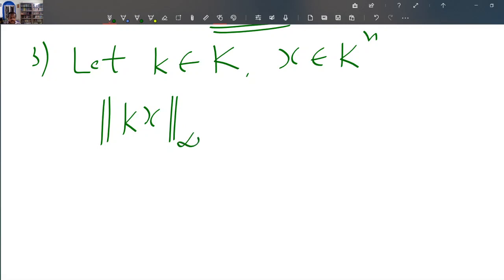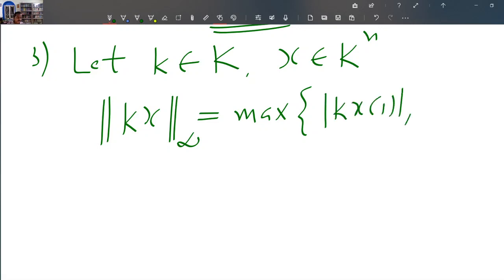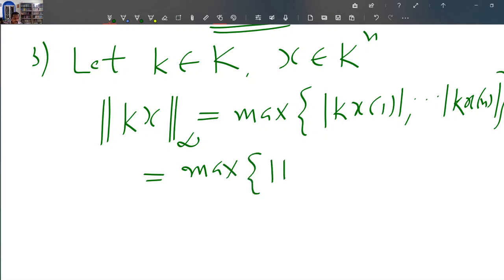By the definition, this is equal to the maximum of modulus of k x of 1, etc., modulus of k x of n. So this is equal to the maximum of modulus of k into modulus of x of 1, etc., modulus of k into modulus of x of n.